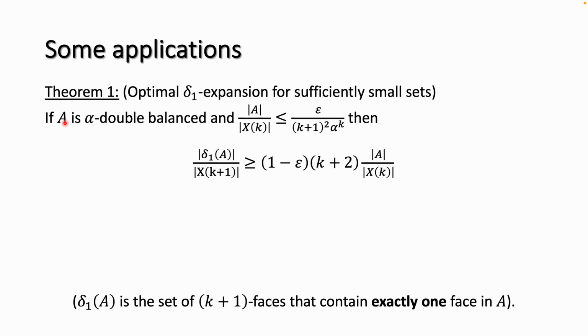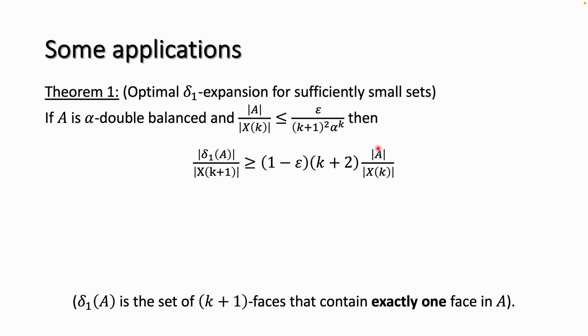And what we show is that if A is alpha double balanced and very small, so it has to be smaller than epsilon over k plus 1 squared alpha to the k, then the fraction of delta 1 of A is bounded by k plus 2 times the fraction of A. So the k plus 2 is basically the optimal thing we can hope for, because let's say each pyramid contains 4 triangles.